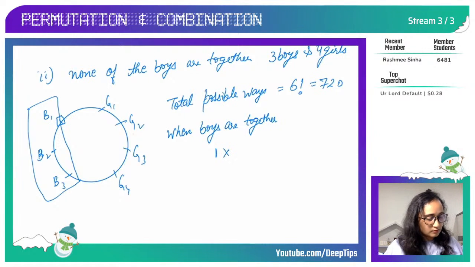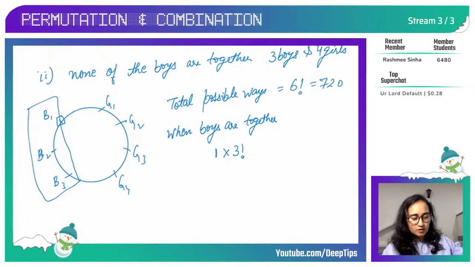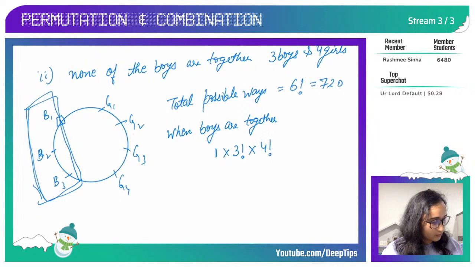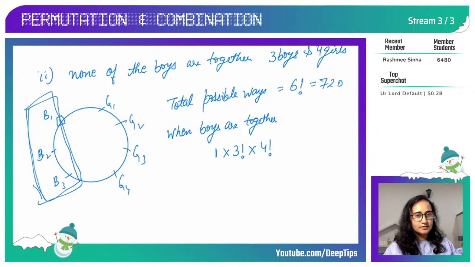Now I have 4 girls who are sitting, and they also have only one place because they are sitting together. So these boys can arrange themselves in 3 factorial ways, because they have to sit only in this limited area, they all need to be together, correct? And here G1, G2, G3, G4, these 4 girls can arrange themselves in 4 factorial ways, correct?